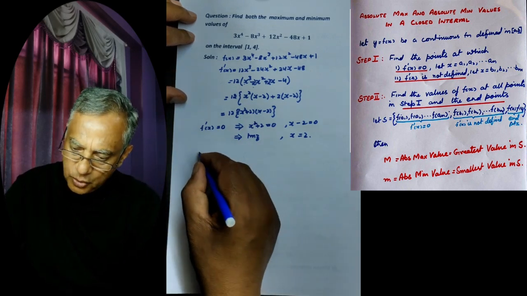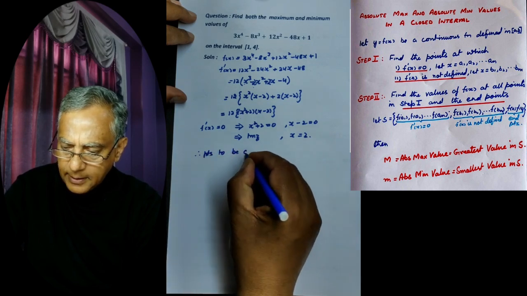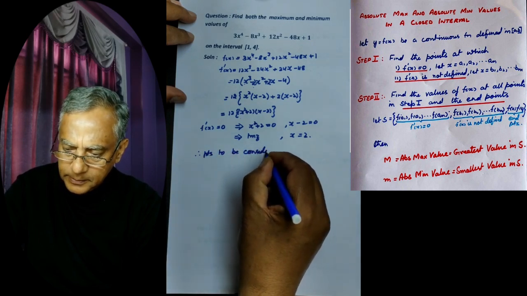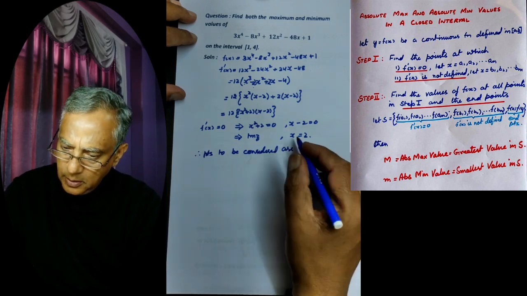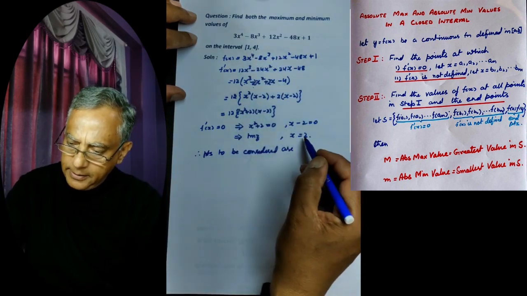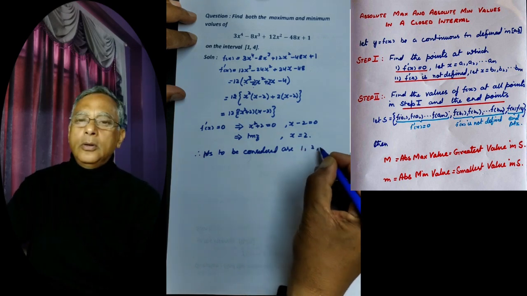So the points to be considered are the endpoints, 1 and 4, and the point x equal to 2.